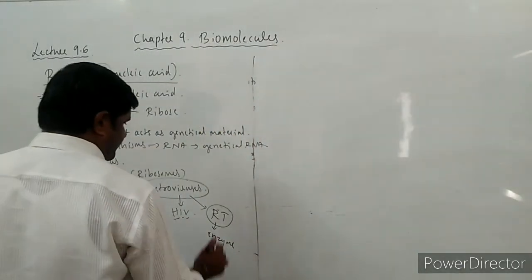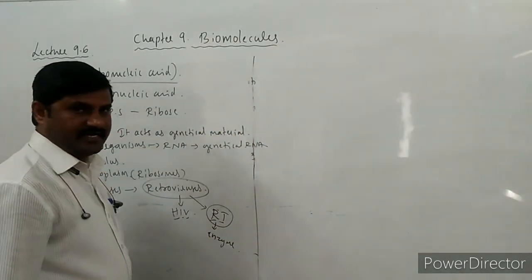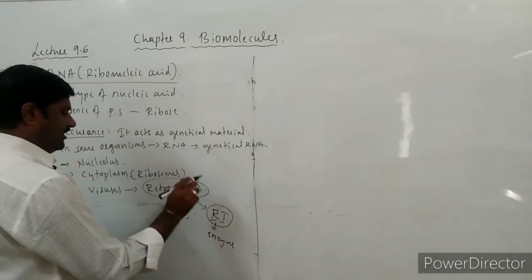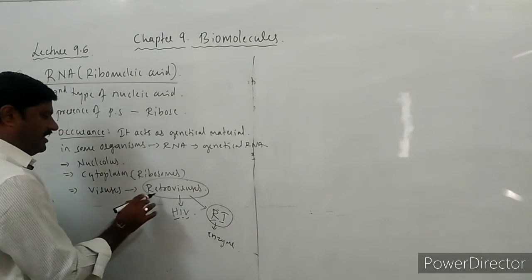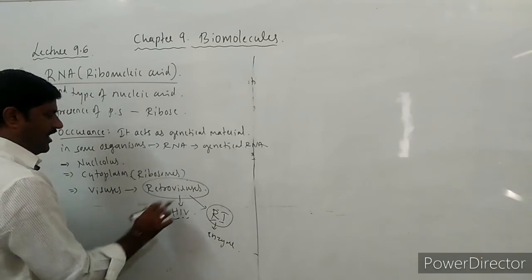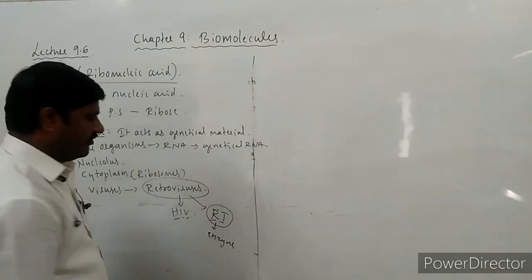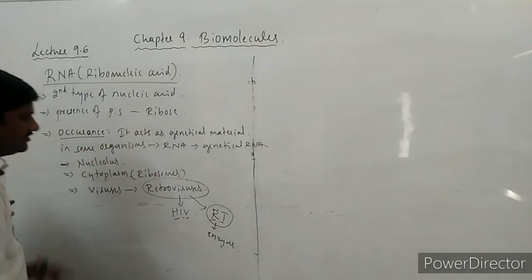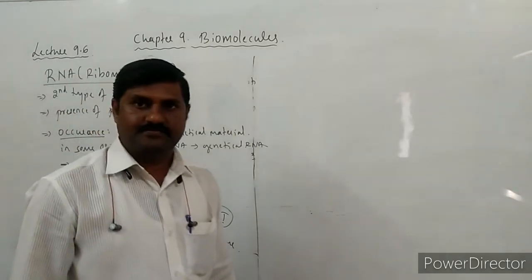Since the reverse transcriptase enzyme is present inside these viruses, which contain RNA as the genetical material, they are called retroviruses. So this is the occurrence of RNA.